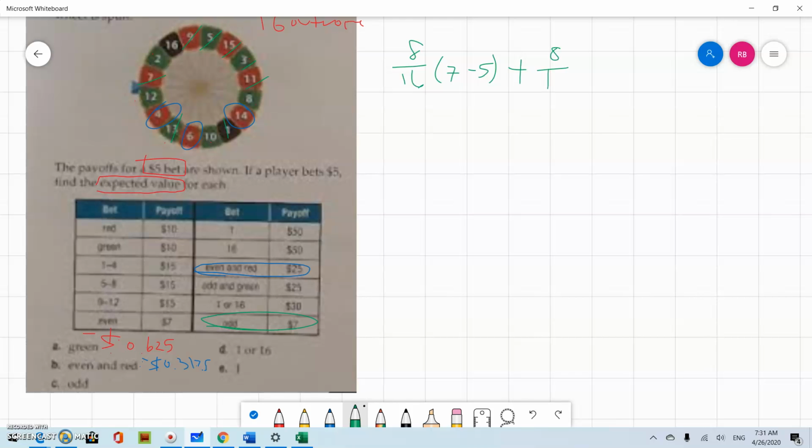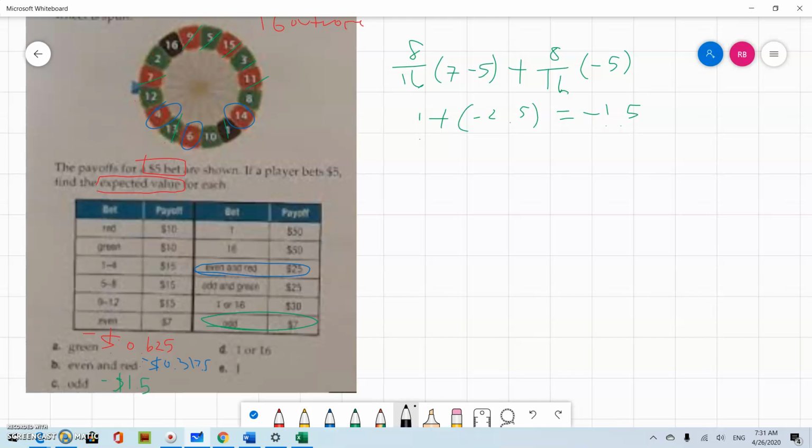And then 8 out of 16 that will make me lose $5. Okay? So this is 1, right? Because half times 2. And then negative 2.5, because half times negative 5, so negative 1.5. So you can see how it actually loses more money than anything else. You're on average losing that much money.